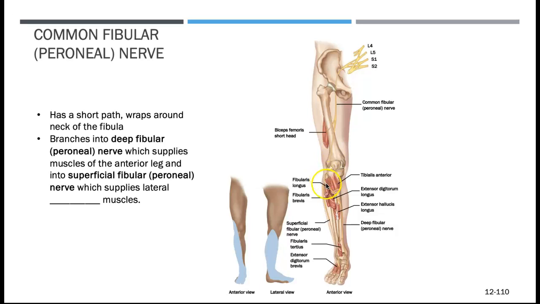It is then going to wrap around the head of the fibula and bifurcate into a deep fibular nerve that'll supply the anterior leg muscles and a superficial fibular nerve that'll go and supply the lateral leg muscles.